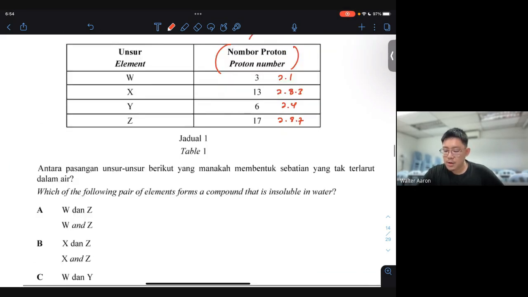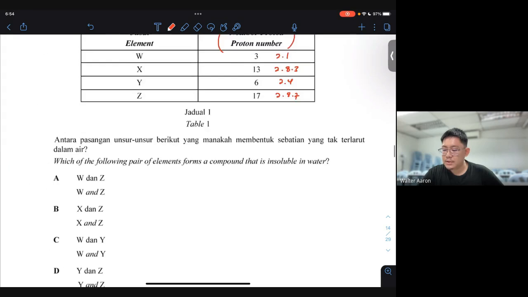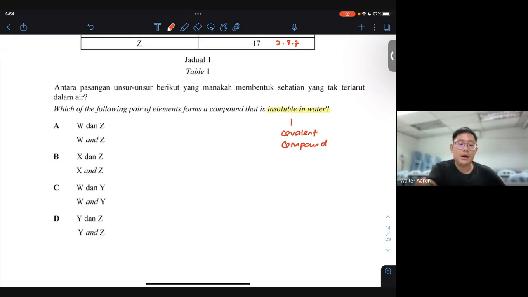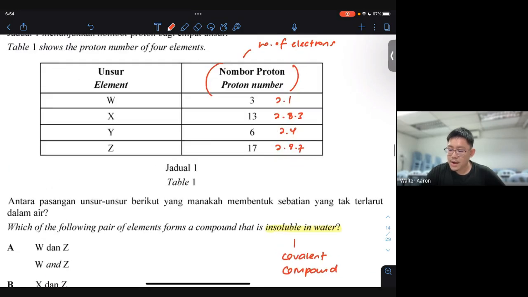So among all of these, which can form a compound that's insoluble in water? It could be a covalent compound, because we know that ionic compounds tend to dissolve in water very well. So we're going to look out for a covalent compound. The answer here is supposed to be D, Y and Z, because Y corresponds to carbon in the periodic table, and Z corresponds to chlorine.